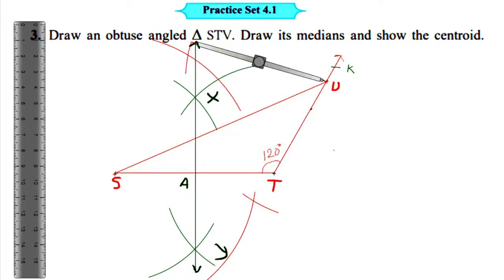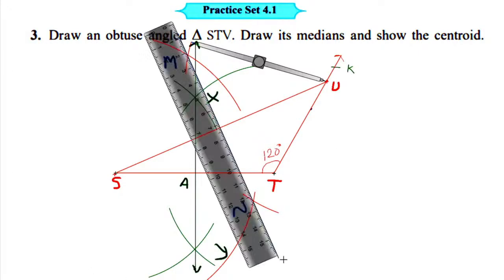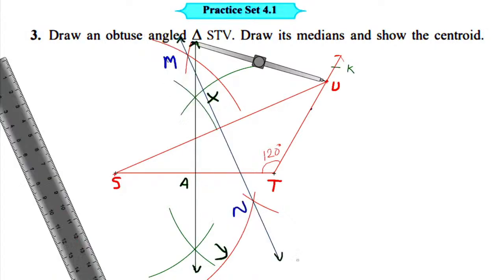The points of intersection of the two arcs are named M and N respectively. Join these points with the help of a ruler. Line MN intersects side SU at a point; we give it the name B. Therefore, point B is the midpoint of side SU.